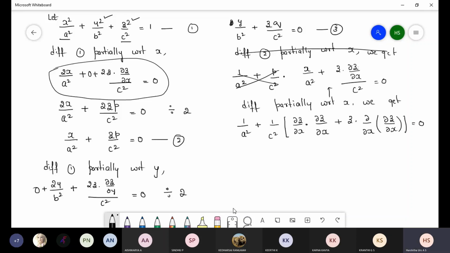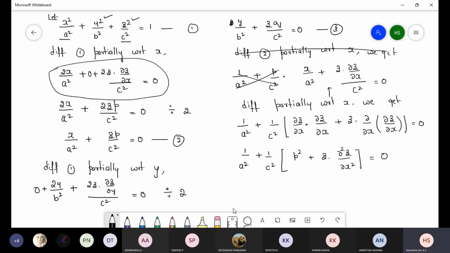If you are considering the notation step, please mention what is your P, what is your R, and what is your S. Q also we have to mention. So here we get 1 by a square plus 1 by c square. Now this dou z by dou x, according to our notation, is P. So P into P becomes P square plus z into dou square z by dou x square.